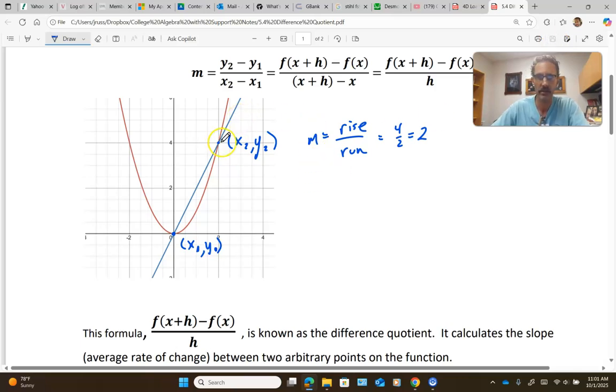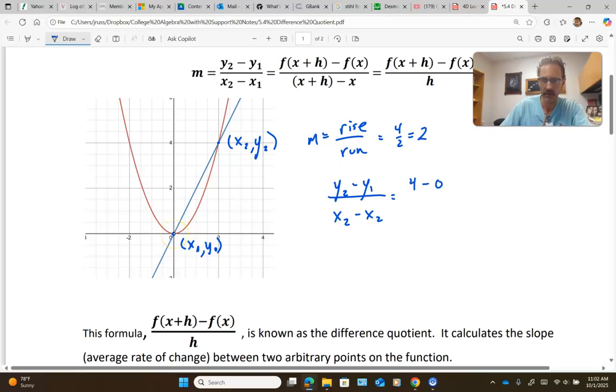Now, using the slope formula, to find that vertical difference, it's the difference in the 2 y coordinates, divided by the difference in the 2 x coordinates. The y coordinate of this point is 4. The y coordinate of this point is 0.